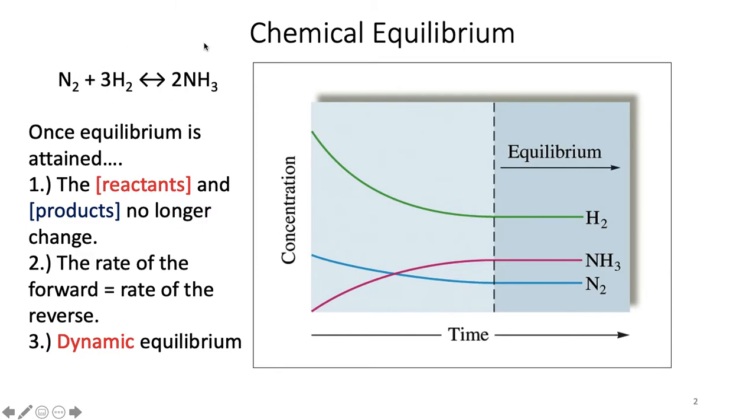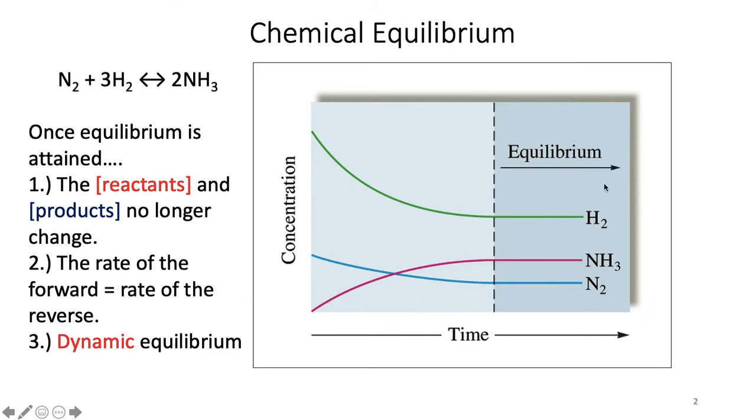The rate of the forward equals the rate of the reverse. I am combining my reactants to form my product, N2 plus H2 to form NH3, as fast as I am taking NH3 and breaking it down to form N2 and H2.